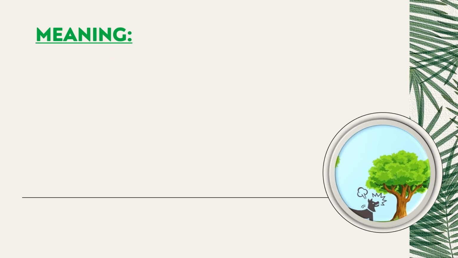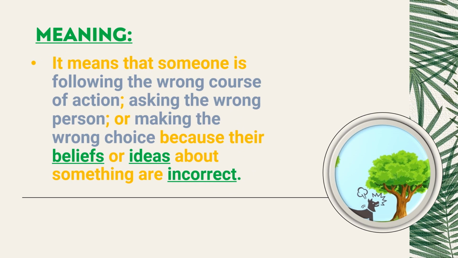Of course not. Meaning, it means that someone is following the wrong course of action, asking the wrong person, or making the wrong choice because their beliefs or ideas about something are incorrect.